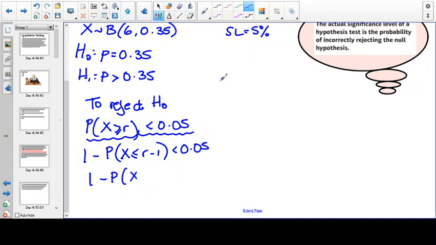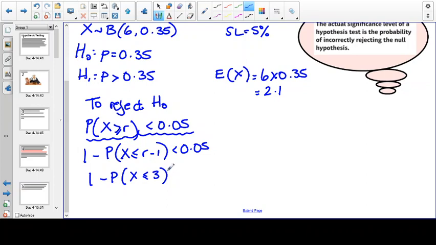If we work out the expected, I should have done that first. 6 times 0.35 is 2.1. So because we are going greater than that, we need to test numbers bigger than 2.1. So let's not test 1, that would have been silly. Let's test 3.